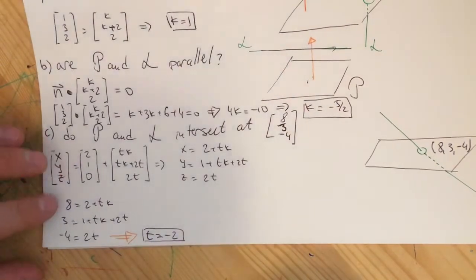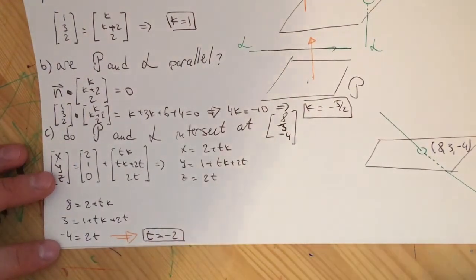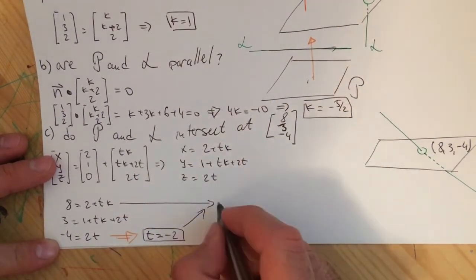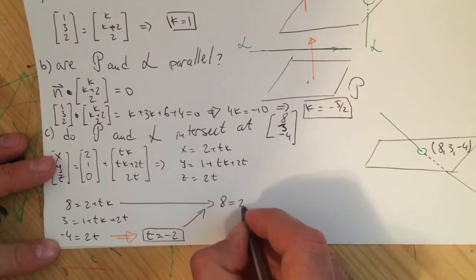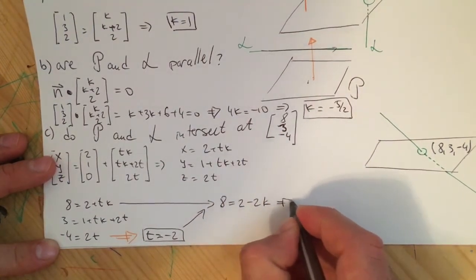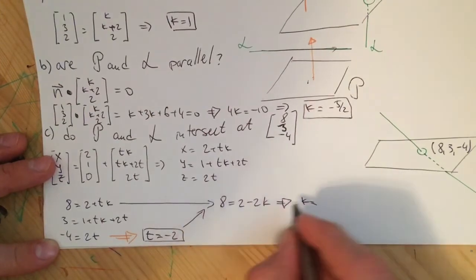Now you can plug this either in the first or in the second equation, and your question will be done, right? So if you plug here negative 2, you get 8 is equal to 2 minus 2k, and from here k is how much? Negative 3.